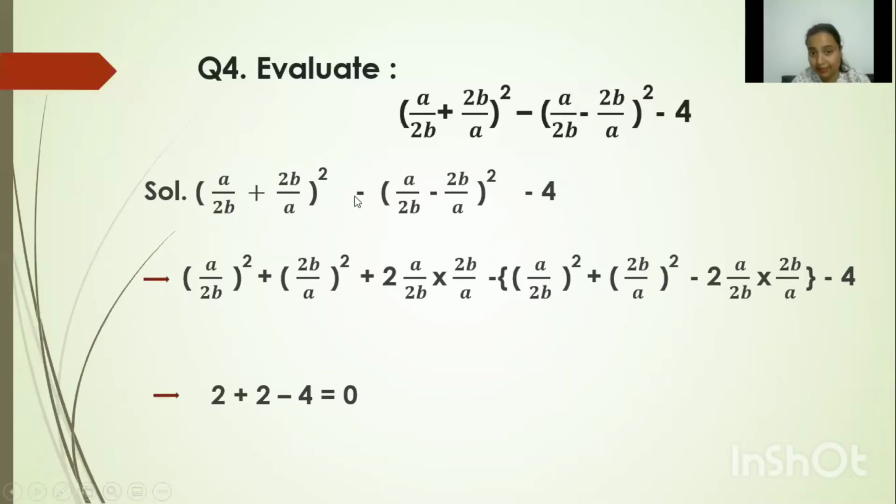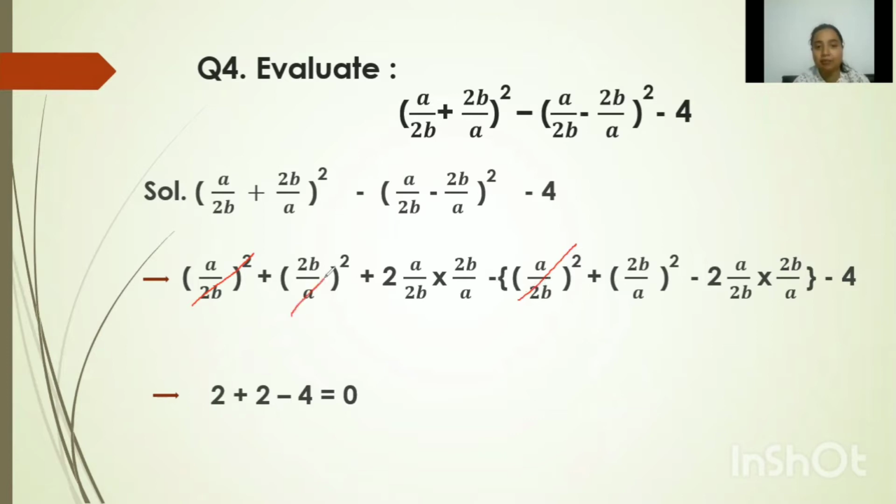The minus is outside, so I have used the middle bracket and then expanded it as per a minus b whole square. Now pay attention here. a by 2b whole square is going to be cut with this, because it will come as minus a by 2b whole square when this expression is opened, with a negative sign.